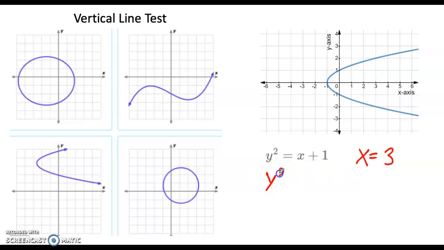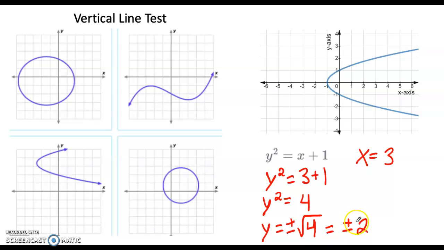So if I plug 3 in for x and I solve for my y, I'm going to take the square root of both sides. When I do that, I get the square root of plus or minus 4. The square root of 4 is 2, so I can get that this equals plus or minus 2.